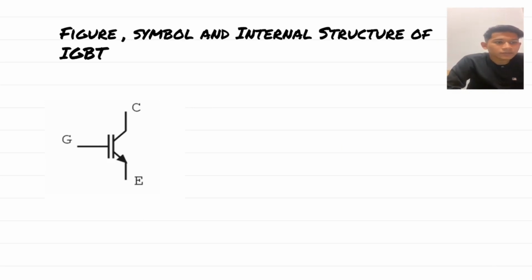For the internal structure of the IGBT, it can be represented by an equivalent circuit that consists of two transistors and a MOSFET. The IGBT is a combination of a PNP transistor, an NPN transistor, and a MOSFET. The IGBT combines the lower saturation voltage of a transistor with the high input impedance and switching speed of a MOSFET.